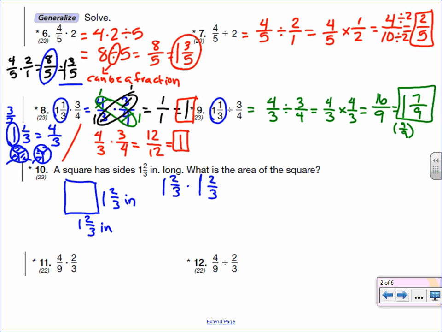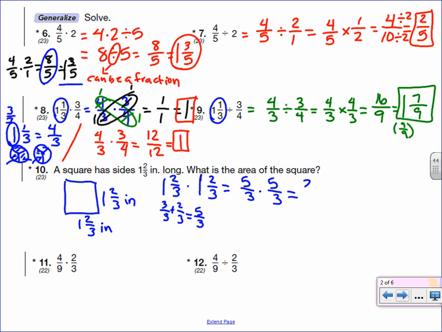So we need to convert these into improper fractions. So 1 is the same thing as 3 thirds, and then 3 thirds plus 2 thirds is 5 thirds. So 1 2/3 is 5 thirds. So this then turns into 5 thirds times 5 thirds.